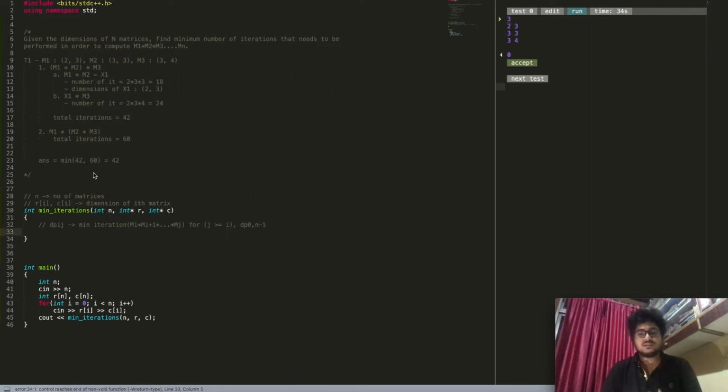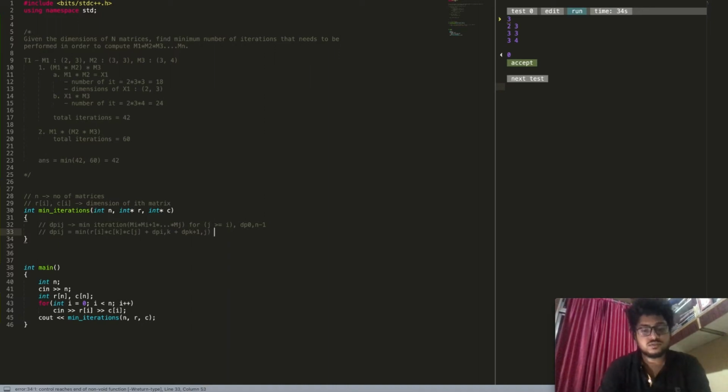Now the second subproblem of solving a dynamic programming problem was laying down a recurrence relation, and in the previous video we had already discussed this recurrence relation thoroughly, so I will just state it over here. DP of I comma j was equal to the minimum of R of I star C of k star C of j plus DP of I comma k plus DP of k plus 1 comma j.